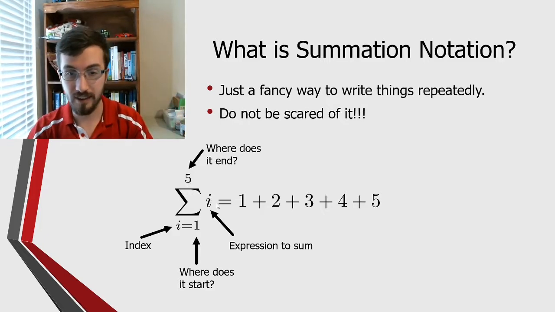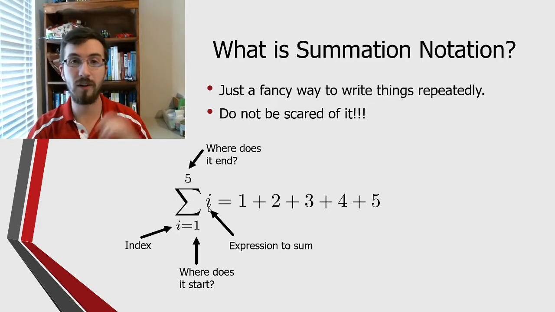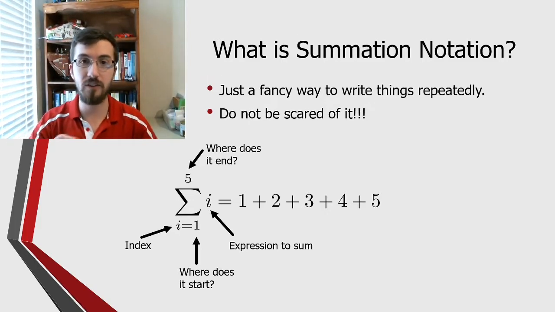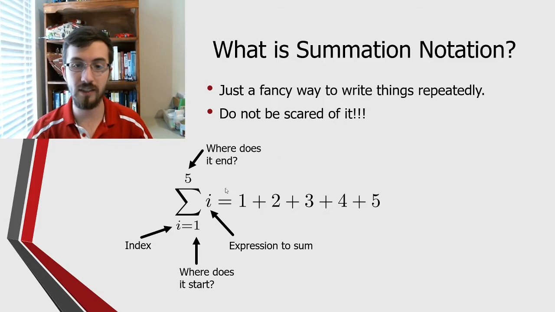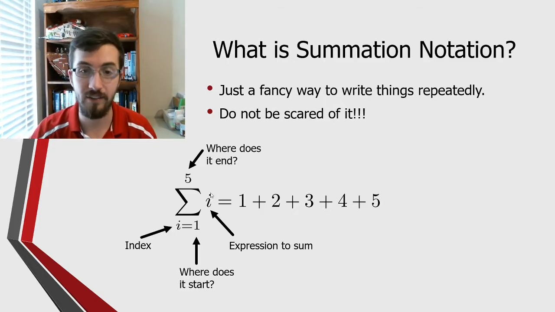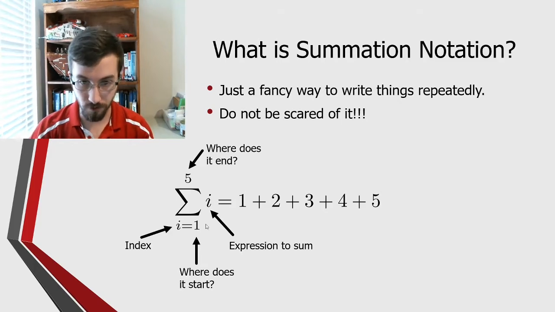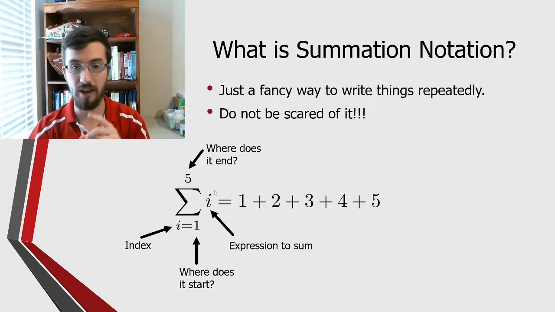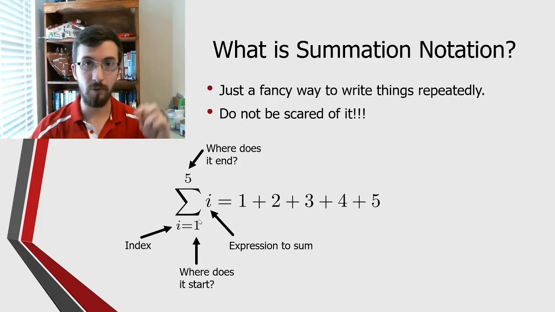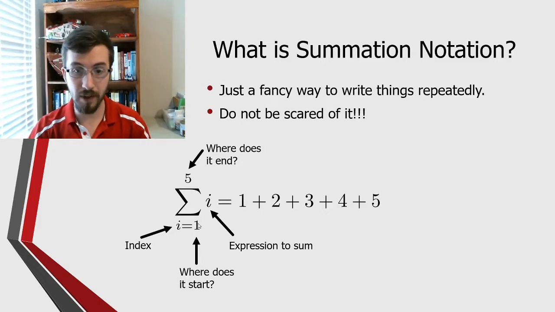And then this part to the side of it is whatever we're going to sum, whatever it is we're counting over. So in this case, we're just summing i. So the way you do it, you start with your first one, right? i equals 1, so that's 1, and then you're going to add, well, we flip i to be 1 bigger, right?